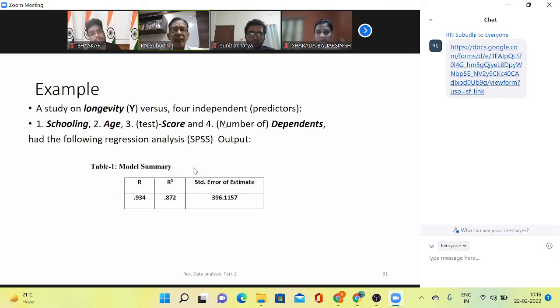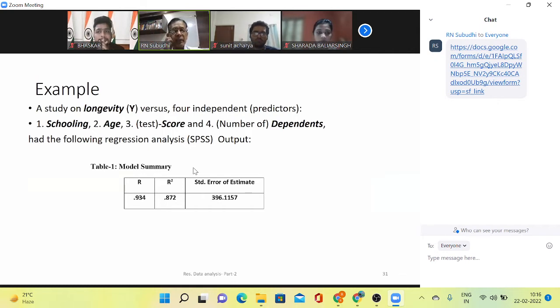Like that, young managers try switching jobs. So against this background, the student wanted to study what the major factors are that impact the longevity, or the stay or duration, of an employee in one organization. So what are the factors the student has taken?